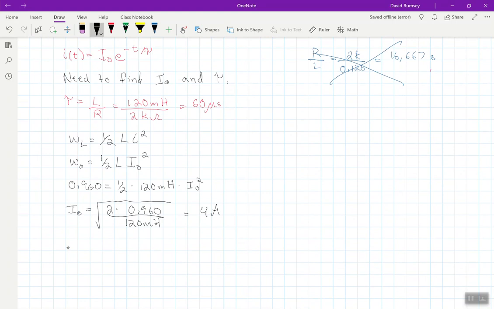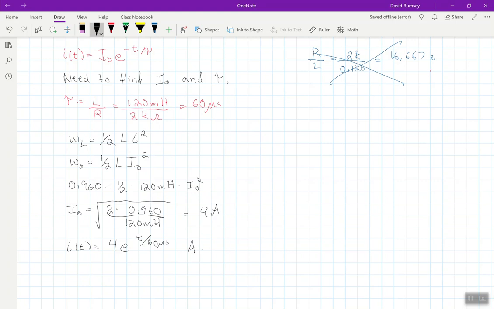I can write then that the current through this is, well, my initial current is 4 amps, e to the minus t over tau. If I'm going to write this with tau, I need to make sure to put that this is in microseconds. I'll show you another way to do it here. So negative t over 60 microseconds amps.